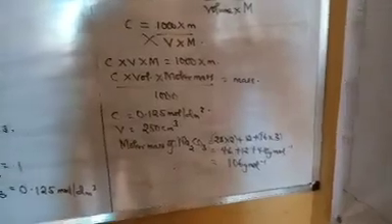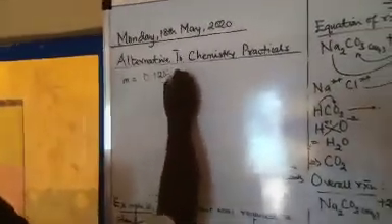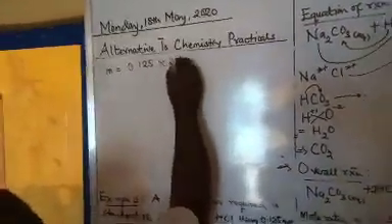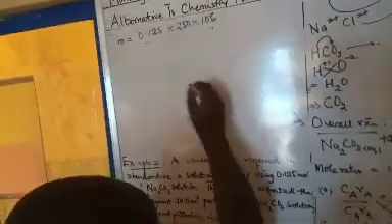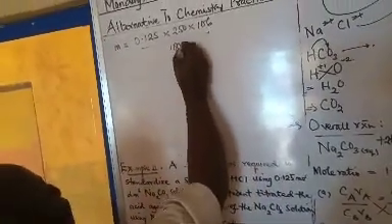From here, we now have M is equal to concentration 0.125 multiplied by volume 250 multiplied by molar mass, which is 106, divided by 1000. This will be in grams.